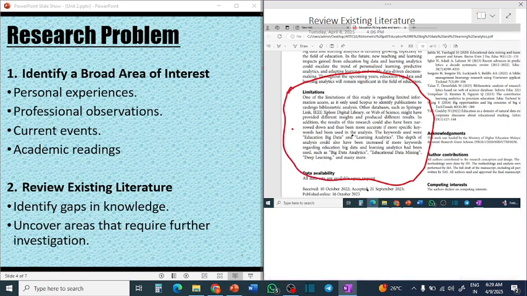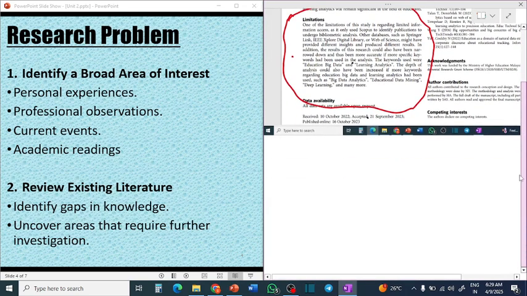Limitations are what? Every article cannot go into the depth of everything. So they will have limitations: the places where they could not study. And your limitations will give rise to your topic. Limitations in one article will give rise to your topic.